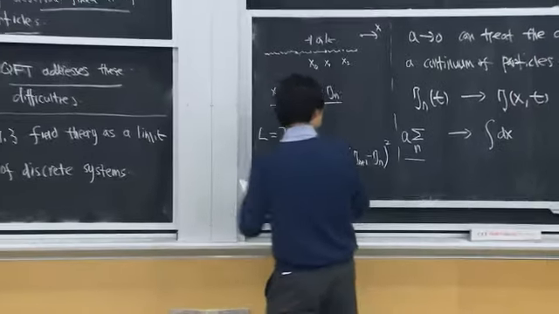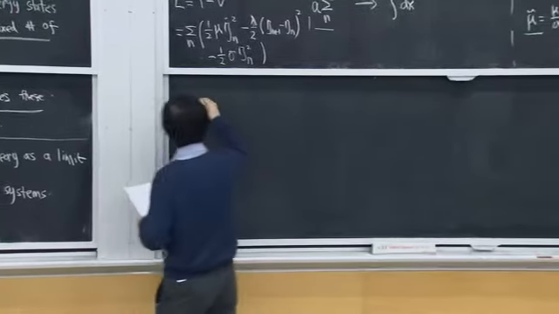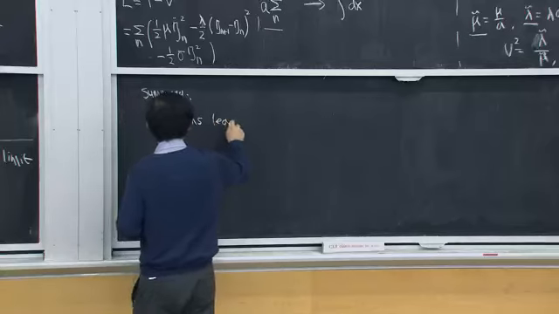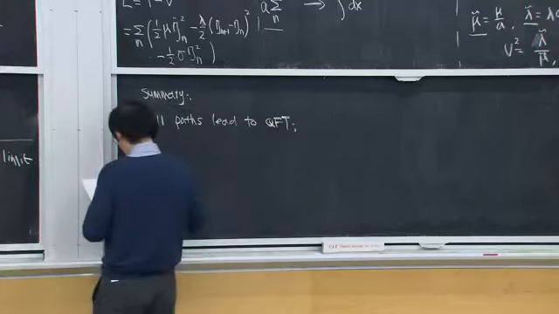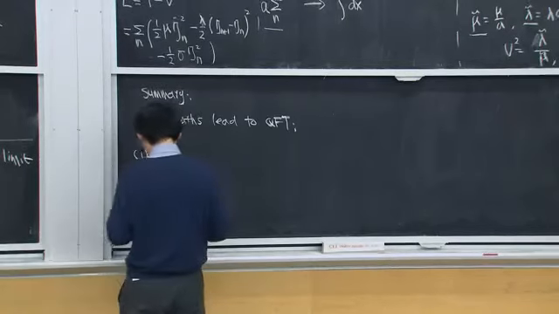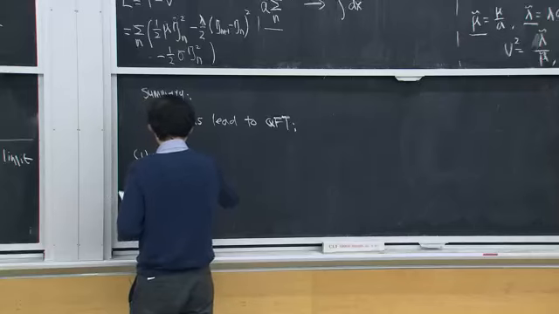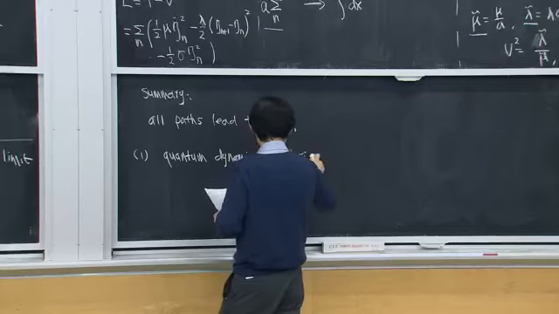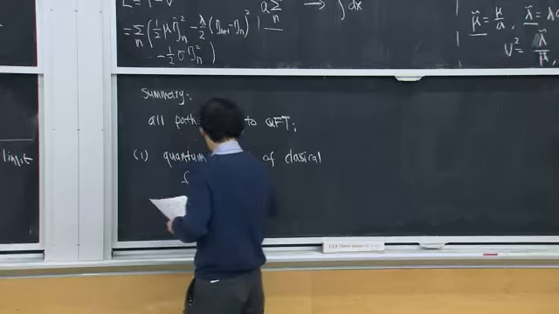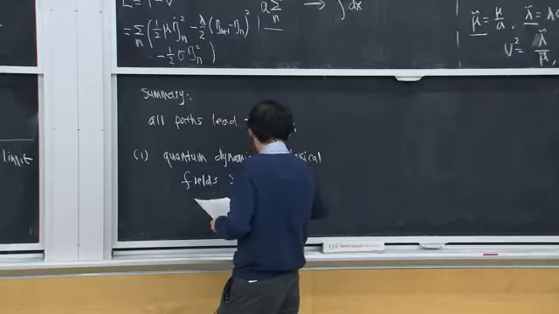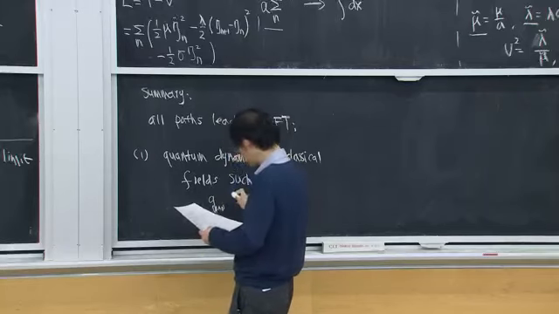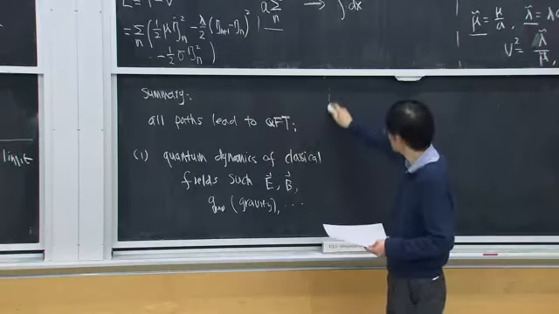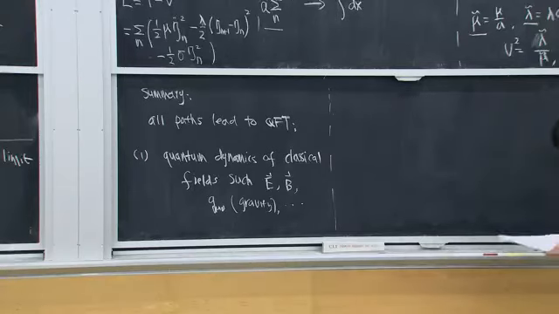Okay, good. Just to summarize what we have discussed so far: all paths lead to QFT. We have described three paths, but they're pretty general. First, we are often interested in the quantum dynamics of some classical fields, such as the electromagnetic field, or the space-time metric if you are interested in gravity, etc. In this case we already have the classical field theory, but we know the world is quantum, and we want to understand what the quantum version of it is.